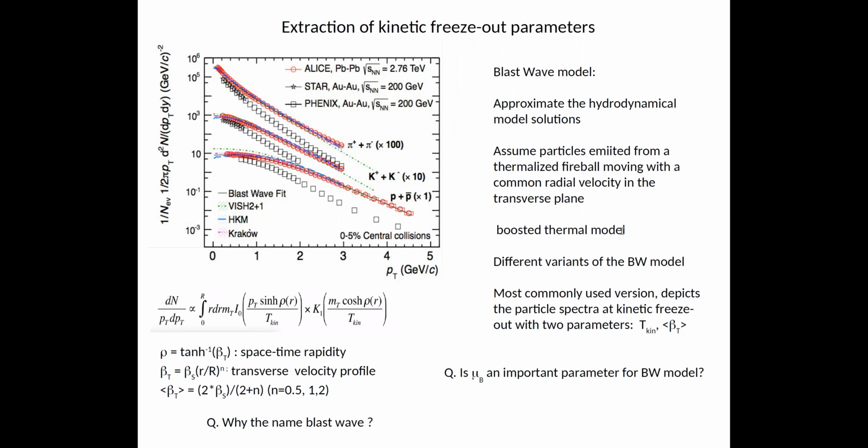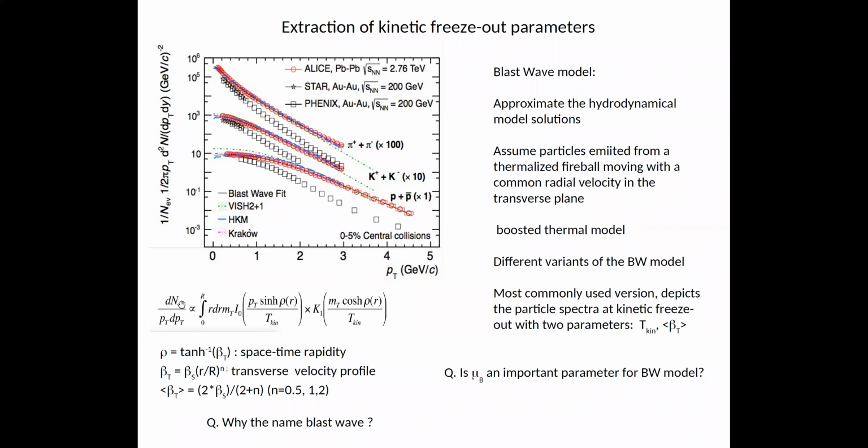But here, since we are mostly discussing RHIC and LHC results where this boost invariance is maintained, we will discuss the outcomes of a simple Boltzmann-Gibbs boost invariant blast wave model. If you do the calculation starting from the freeze-out prescription, you will ultimately reach here.